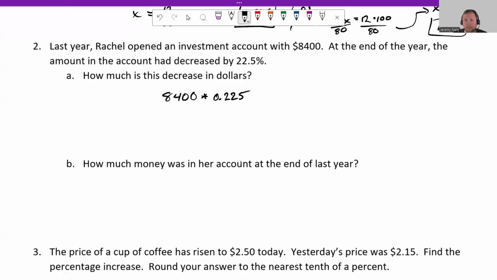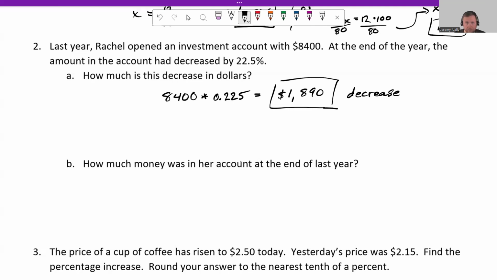So convert that to a decimal and multiply. So it's a $1,890 decrease.